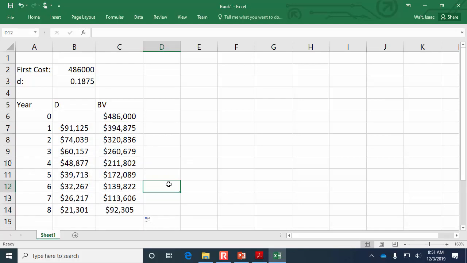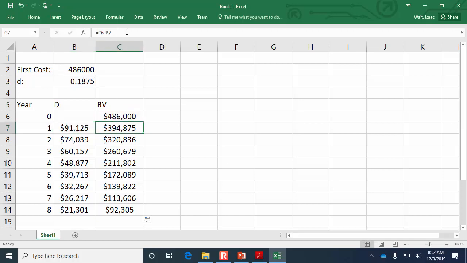So setting it up on Excel makes the calculations go by pretty quick. We have some starting book value, then the depreciation amount in the next year is going to be the percentage of the previous year's book value. So if our starting value is $486,000, then the depreciation during the first period is 18.75% of that initial value.